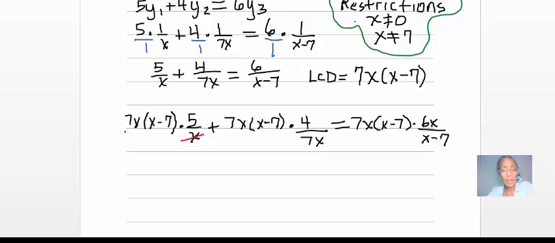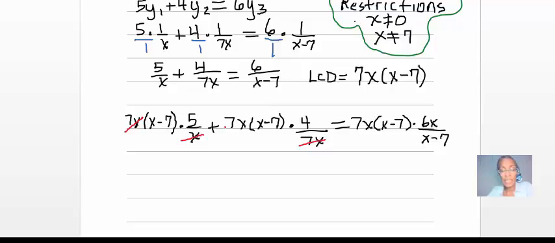So this x in the denominator divides and gives 1 with this x in the numerator of the LCD. So remember, anytime there's not a fraction bar, what I have is in the numerator. You can write that over 1 if you would like, but it's not necessary to write it.